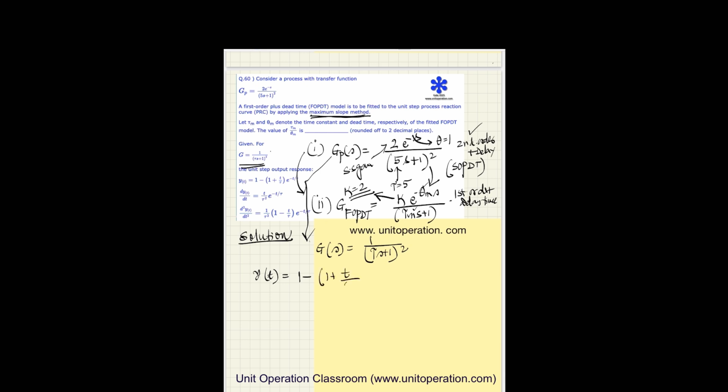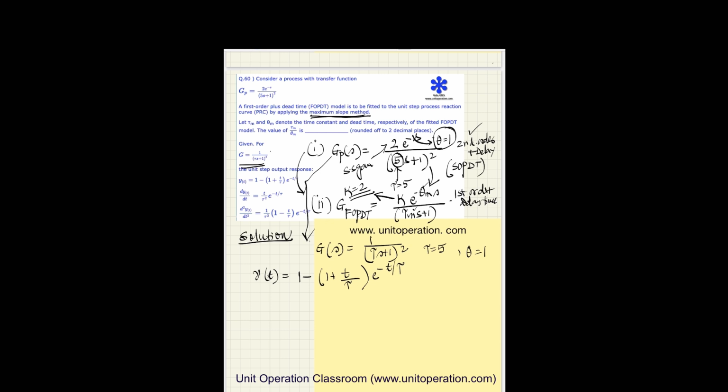In our case, tau is equal to 5, theta is equal to 1, and the value of k, the steady state gain, is equal to 2.